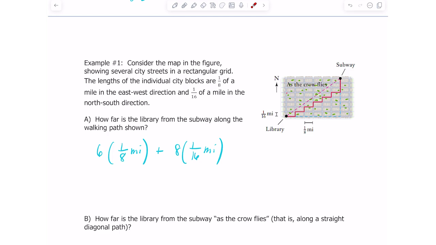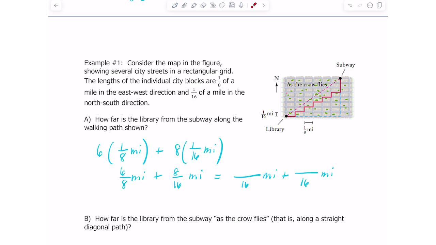So now if I multiply 6 times 1/8, I get 6/8. And 8 times 1 is 8/16. In order to add them, I need a common denominator. And I know that the common denominator of 8 and 16 is 16 because 8 divides into 16 and 16 divides into itself.